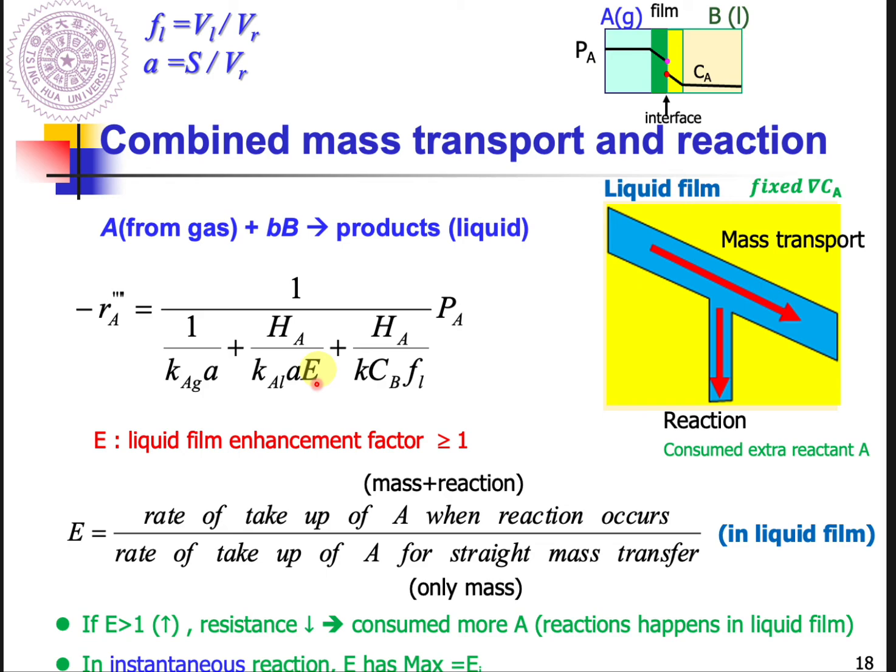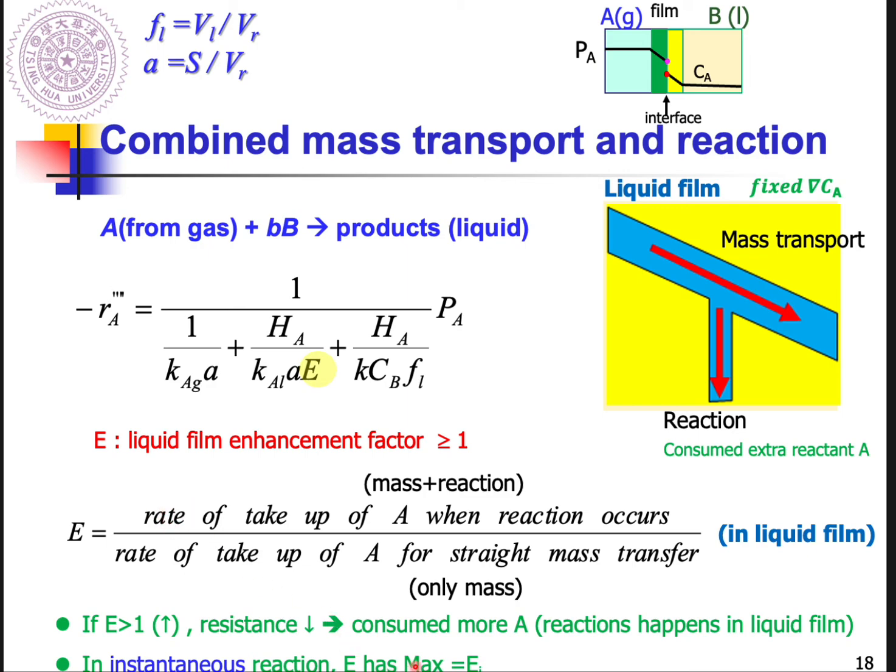And yes, you know the bottom limit value for E, but whether E has an upper limit value? Yes, because for any chemical reaction, you have limited A, right? So if we have an instantaneous reaction, that means this reaction is very fast, it happens very, very fast.